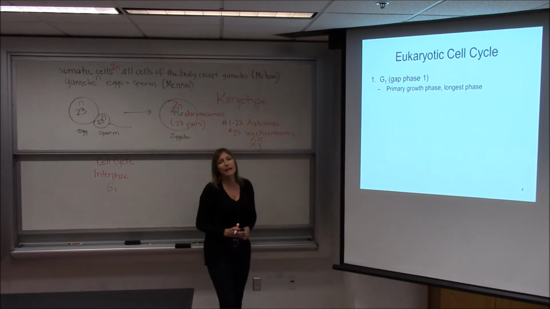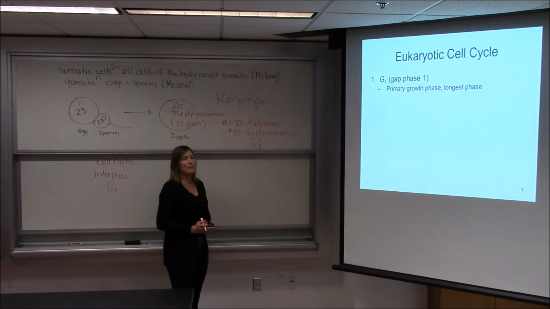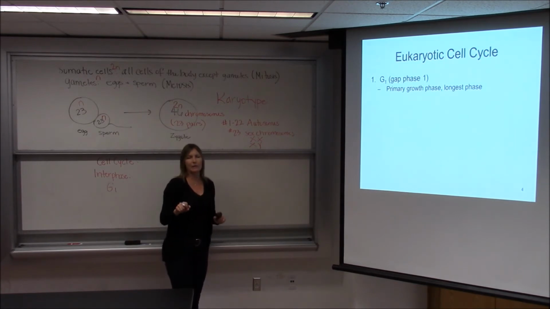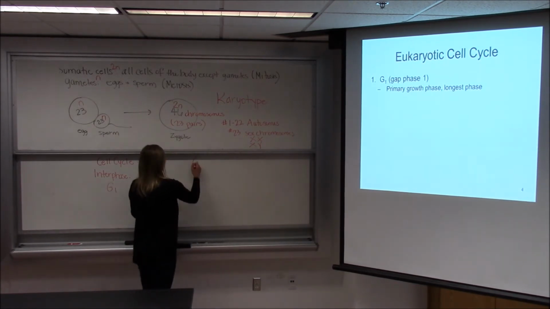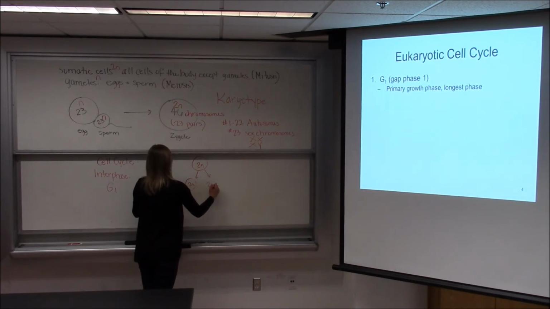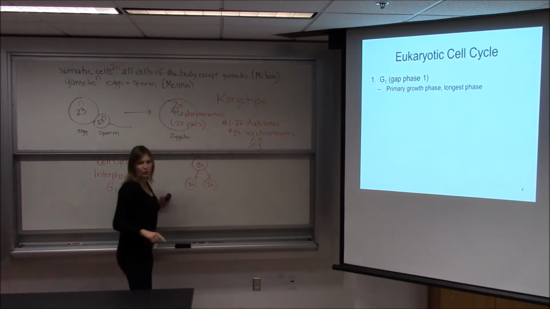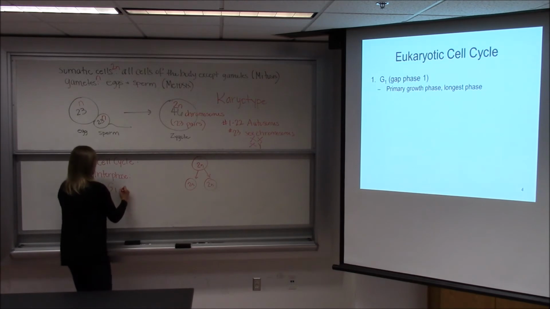G1, also called gap phase 1, this is the primary growth phase of the cell. So this cell just divided from another cell. That cell divided and made 2 new diploid cells. So these cells need to grow. So G1 is a period of cell growth.